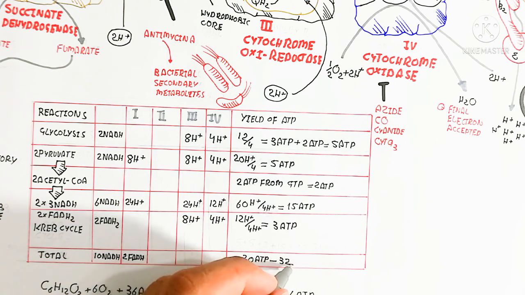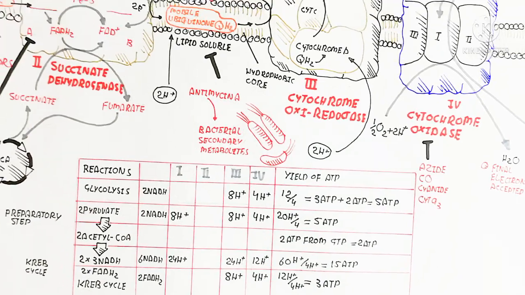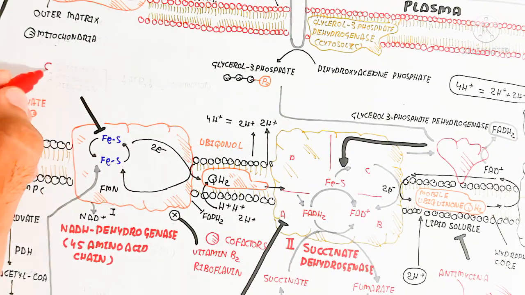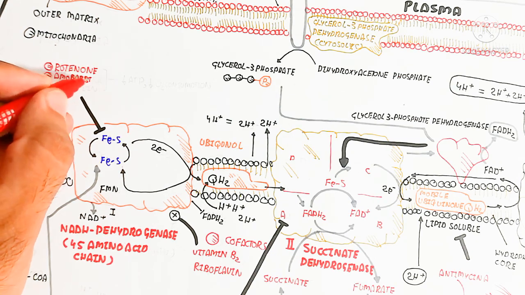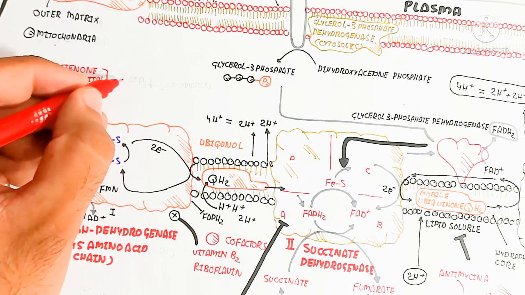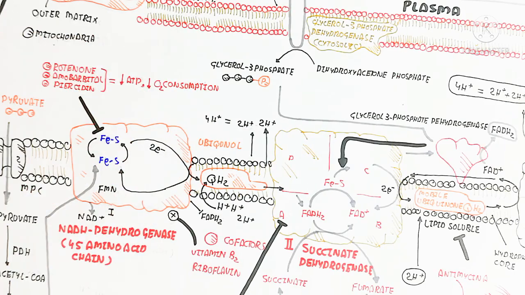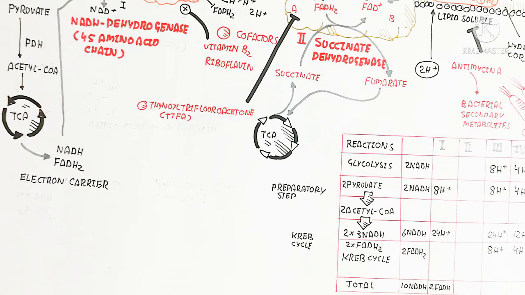It means the total is 5, and here 30 ATP is produced in this mechanism. 32, you can say 32. Here complex 1 is inhibited by rotenone and amobarbital, and on the other hand pyridine reduces the ATP and the consumption of oxygen also.